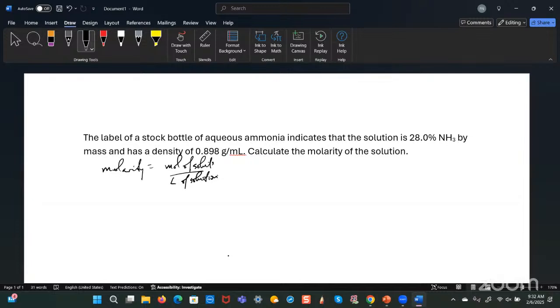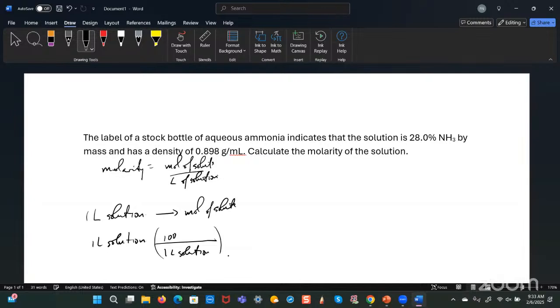molarity. So what I'm going to do is assume that we're starting off with 1 liter of solution, right? And basically what we want to get from that eventually is the moles of the solute, right? So I'm going to start off with 1 liter of solution. And then I'm going to convert that to milliliters. So 1 liter of solution down here and 1,000 milliliters of solution above.